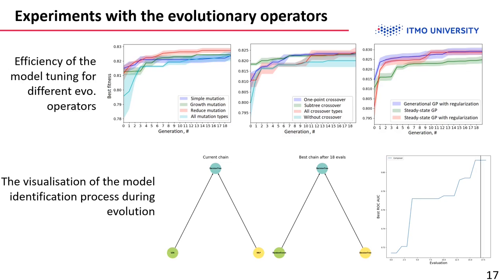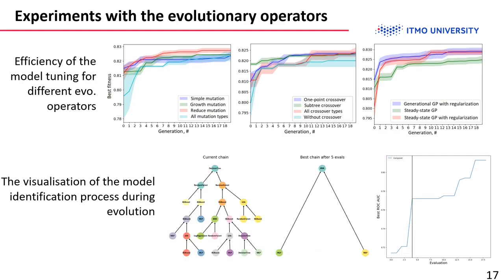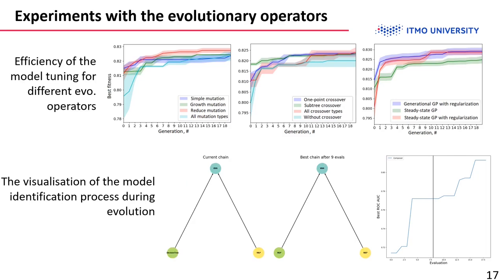And the effectiveness of the regularization operator is also investigated. As you can see, the solution without regularization, that is represented in green color, is not effective, but any implementation of regularization allows to obtain better results.